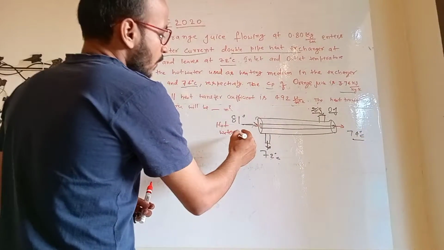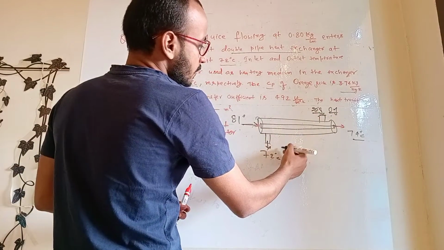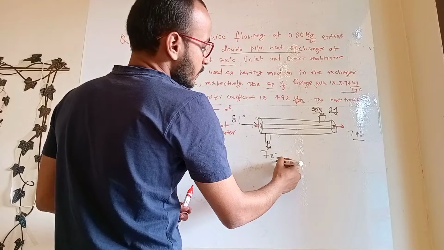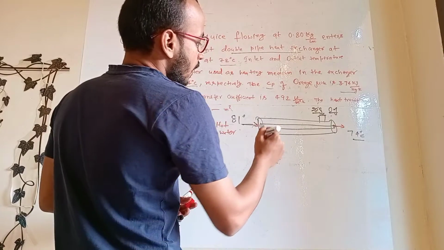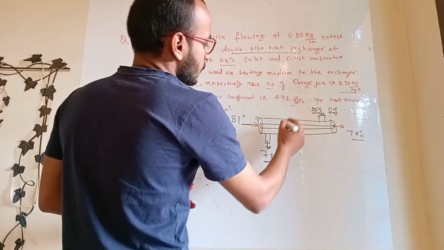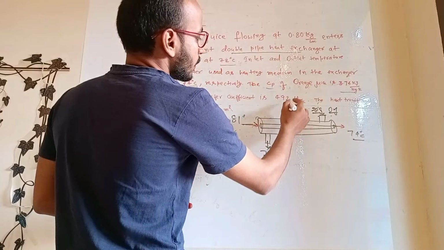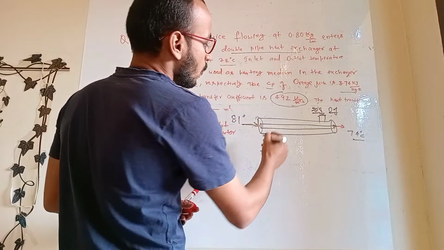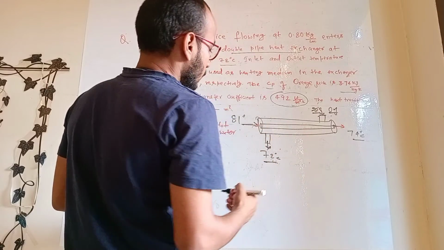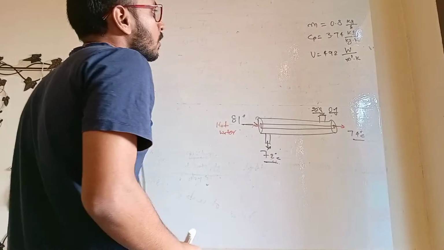So the hot water is losing energy and the orange juice is gaining energy to raise its temperature. They have given the specific heat of orange juice and the overall heat transfer coefficient, and they are asking what surface area is required for this double pipe heat exchanger.